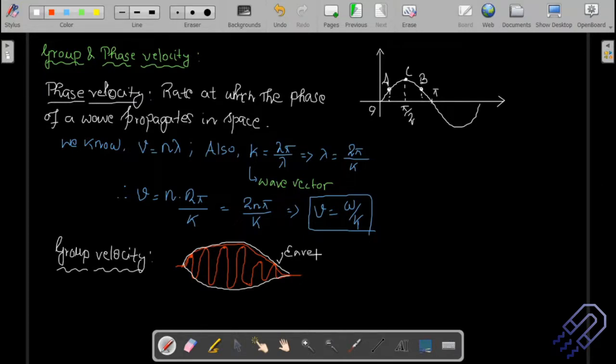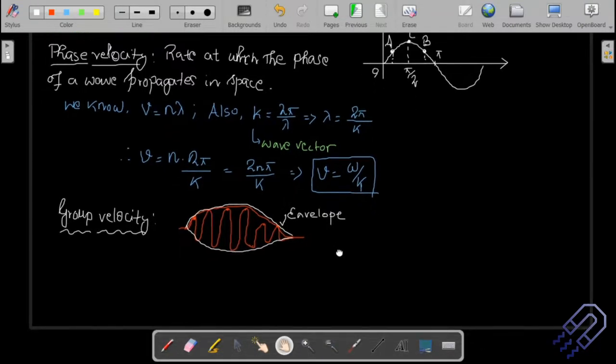We have all the waves traveling together. So imagine a number of speakers playing the music, and all the sounds coming out are in phase. Maybe it's the same tune. When it reaches your ear, you're going to hear an amplified signal. So the waves reaching your ear are actually a group of waves, that envelope of waves coming. So this is called the group velocity.